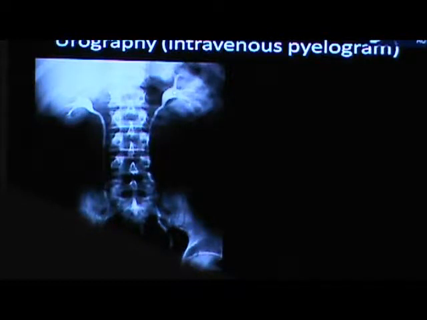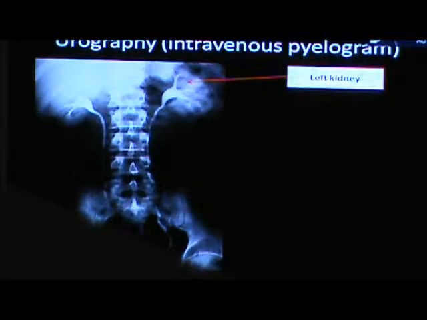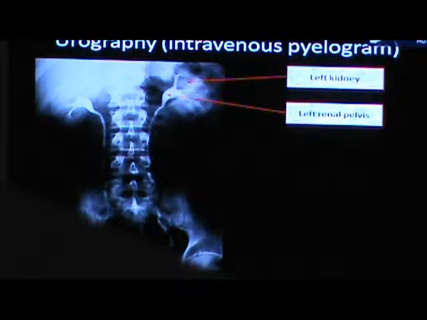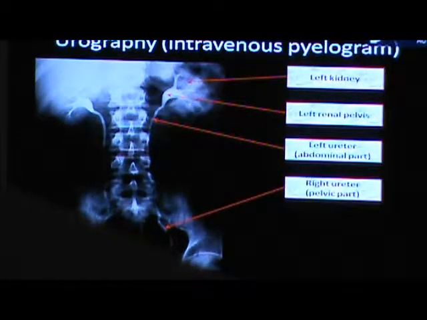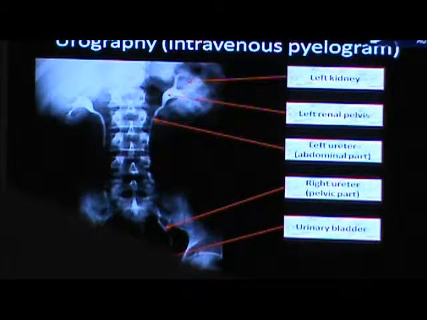So we have each part visible. Here are minor and major renal calyces, for example, and this is a pelvis, and the next. We can observe if there are any constrictions or disorders in the way the urine passes each stage of the urinary system.